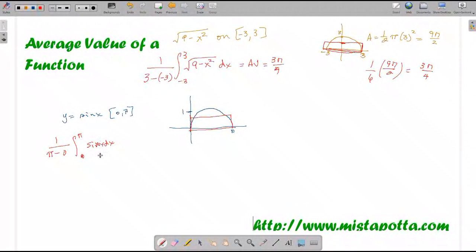Now I know that the antiderivative of sine is negative cosine, which I'm going to have to evaluate from x equals 0 to x equals pi. And then whatever value I get from that, I'm going to have to divide by pi.